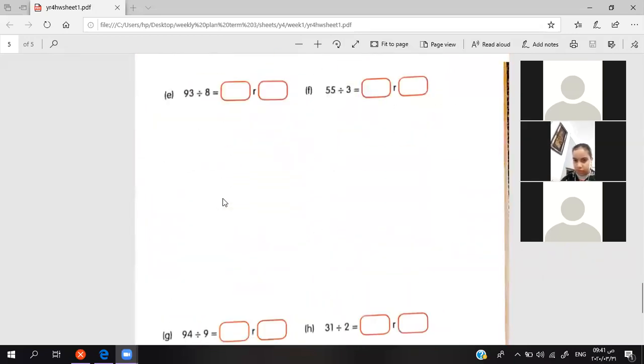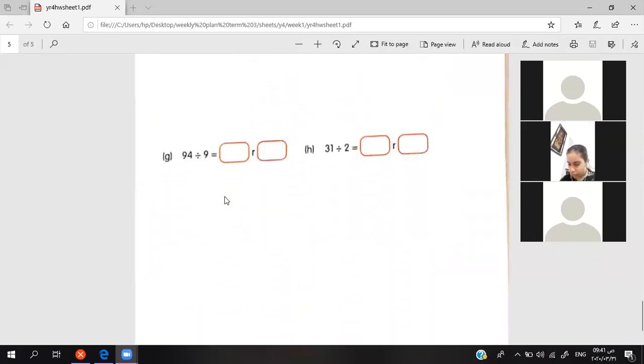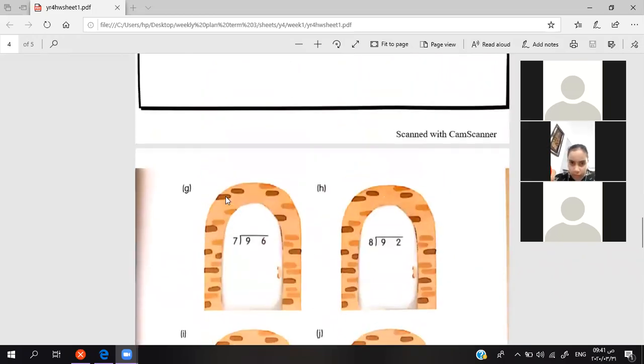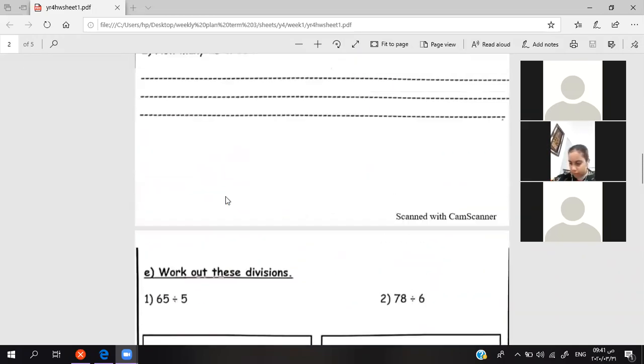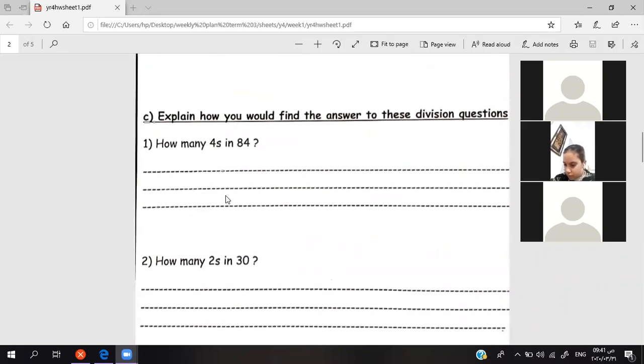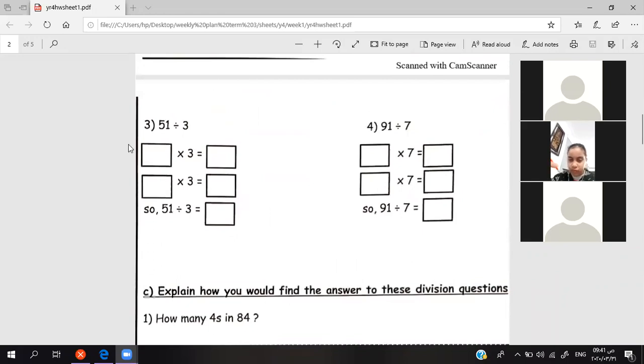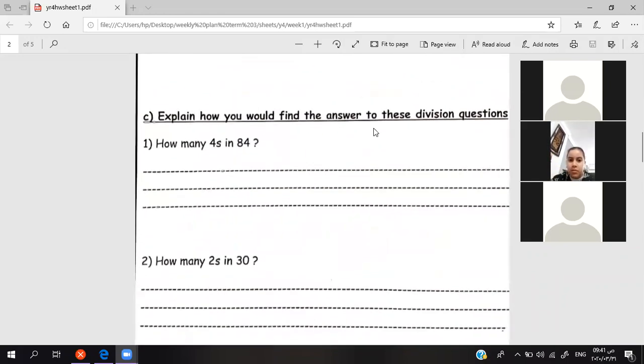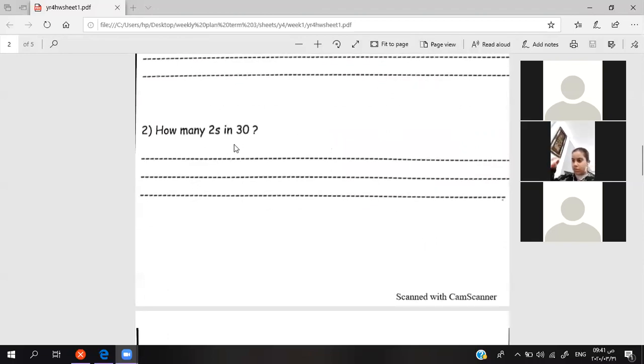Which page, Habib? This page? Which, 3 or 4? No, down, miss. Question number C. Okay, C. Number 1? 2? Here it's 15. It is 15. You want me to answer it for you again?